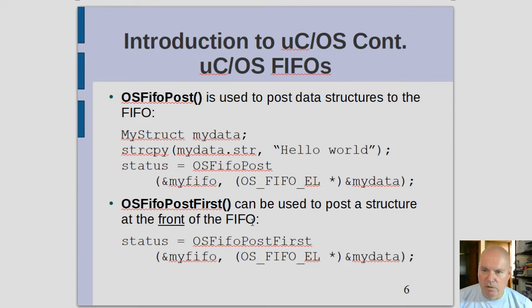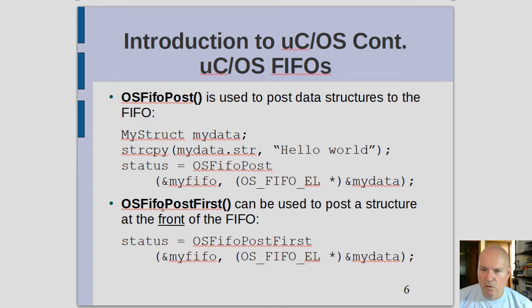There's an alternate routine that will post to the front of the FIFO. Normally when you call OSFifoPend, the corresponding receive routine, you'll get the oldest item on the FIFO.